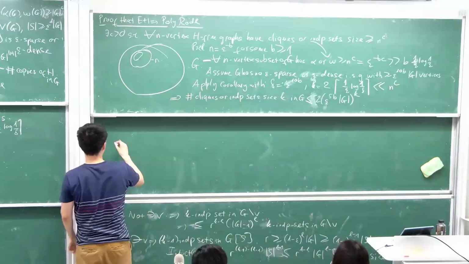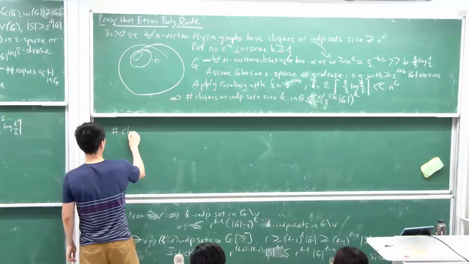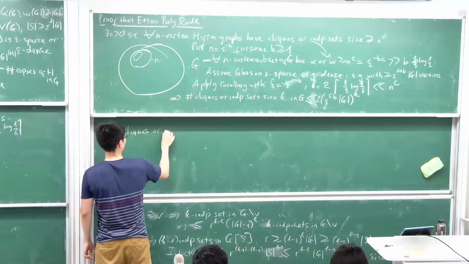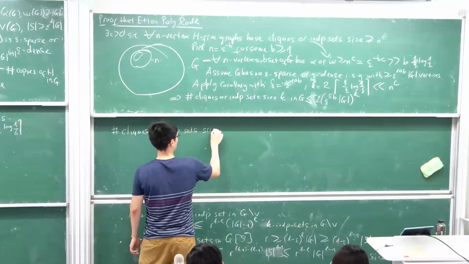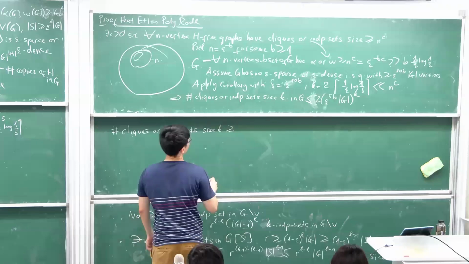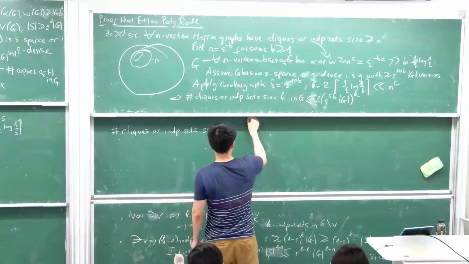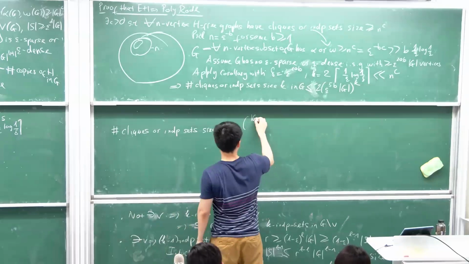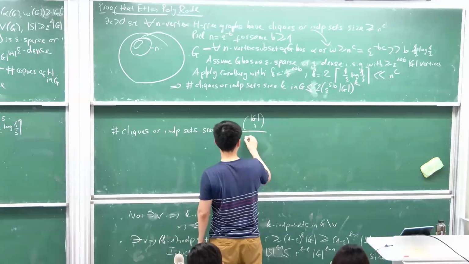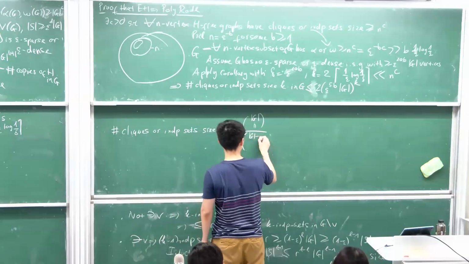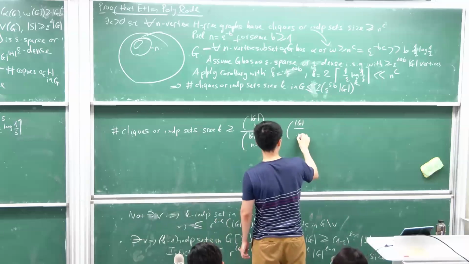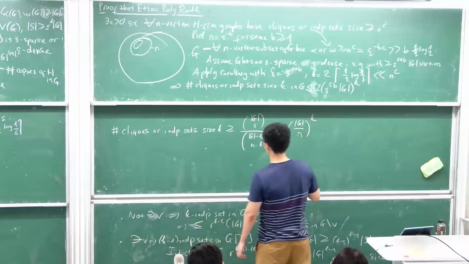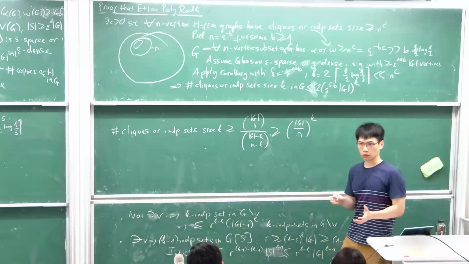The number of cliques or independent sets of size k is at least, like what we did yesterday, G choose n divided by G minus k choose n minus k, and this is at least G divided by n raised to the power of k.